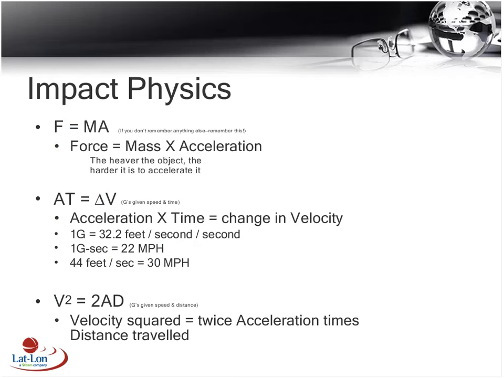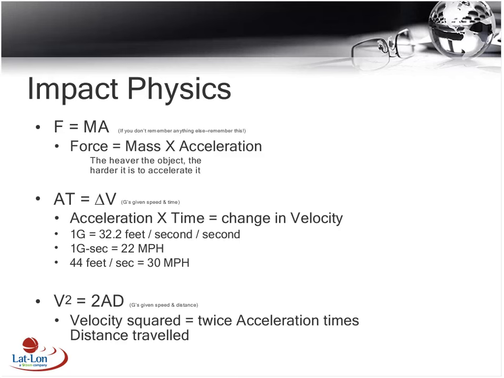All right, so Physics 101 here. We'll go through three equations that are very useful for understanding and backing out what's happened in an impact event. First one is force equals mass times acceleration. So the force pushing on a mass will cause it to accelerate.